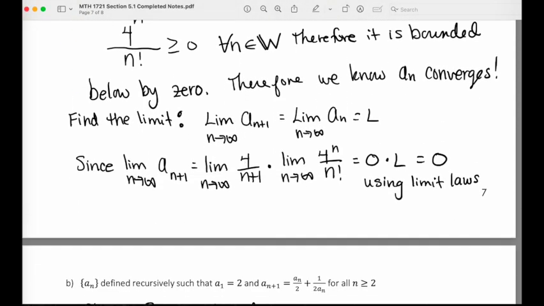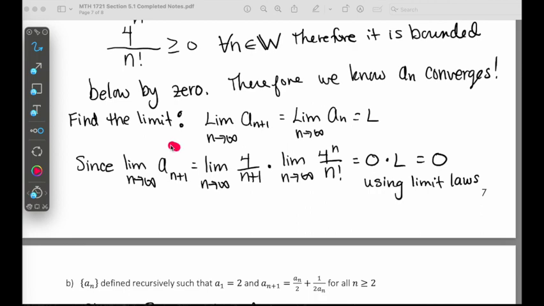So when I write the limit as n goes to infinity of a_(n+1), because I know this converges, we know this converges because we just proved it by the monotone convergence theorem, I can use the limit laws and split this up into two pieces.